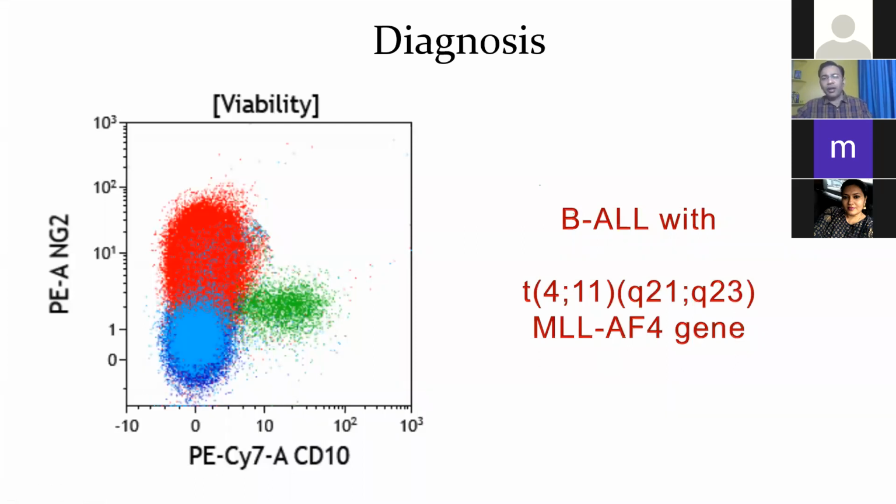So when you have MLL translocation 4;11, the typical phenotype of B-ALL is absence of CD10, which is also called pro-B ALL phenotype, and presence of NG2, a highly specific marker. Even sometimes FISH can miss this entity, and we have a couple of cases which were picked up by RNA-seq and just flow cytometry.